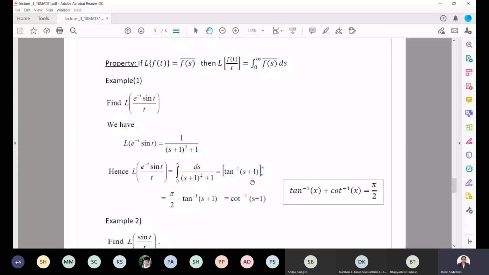And the limits varying from where to where? Where does the limits vary from? 0 to infinity, ma'am. 0 to infinity? Is it 0 to infinity?